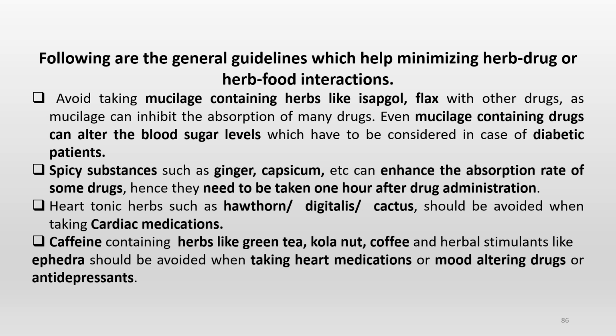Caffeine, coffee and tea containing herbs like green tea, kola nut, coffee, and stimulating herbs like ephedra, should be avoided when taking heart medication, mood altering drugs or antidepressant drugs. Stimulant drugs, even ephedra, should be avoided while taking heart or cardiac medication, mood altering drugs, CNS drugs and antidepressant drugs.